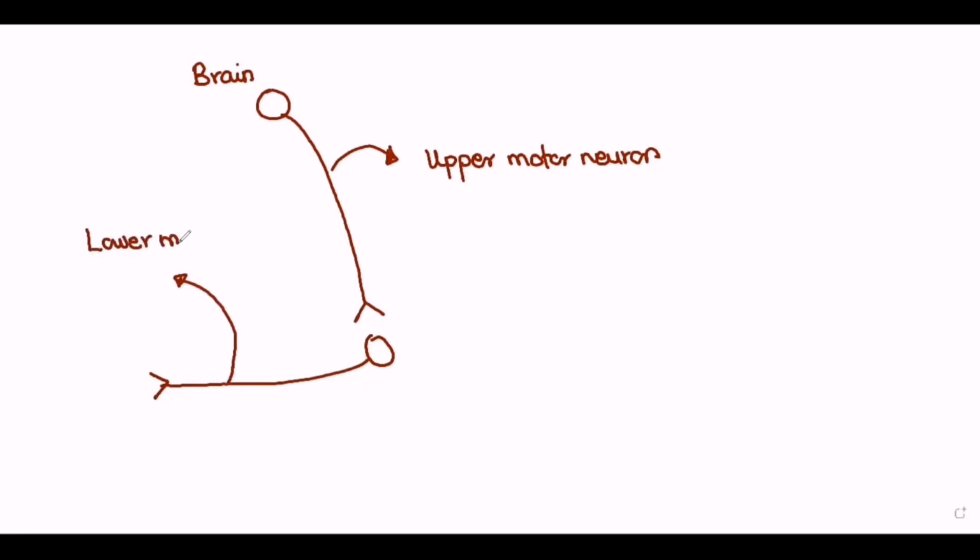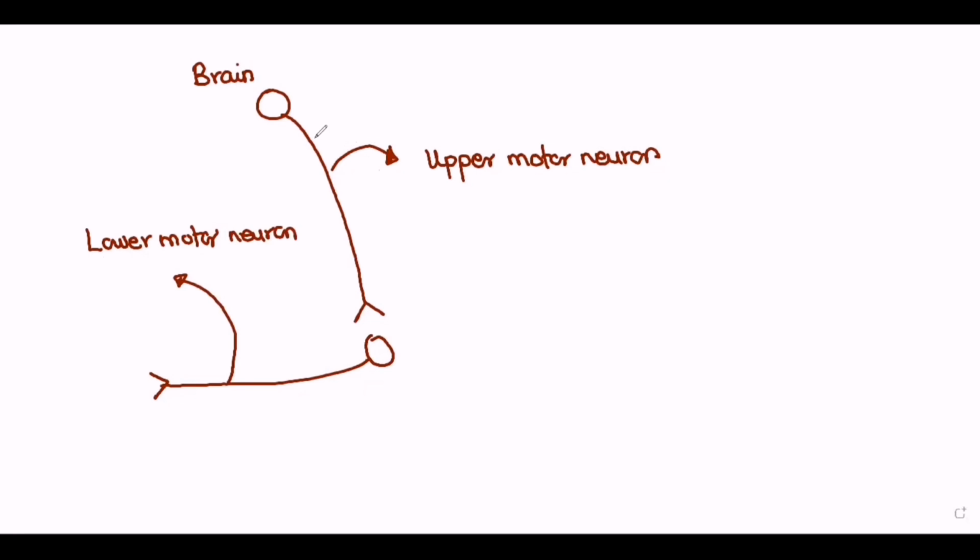There is always an upper motor neuron which comes to the brain, and then that neuron will come and synapse on a lower motor neuron. That is the origin of these terms, okay? Upper motor neuron, lower motor neuron.